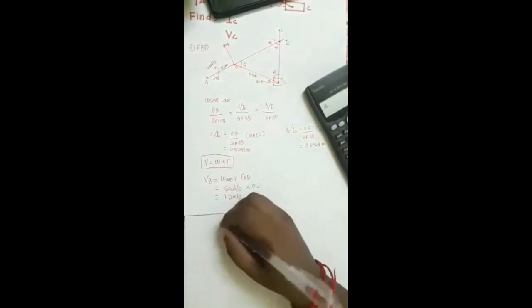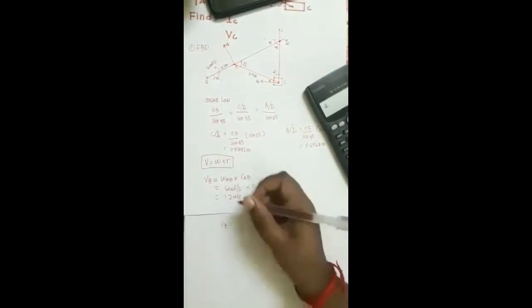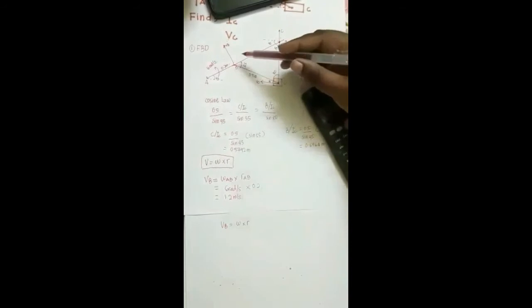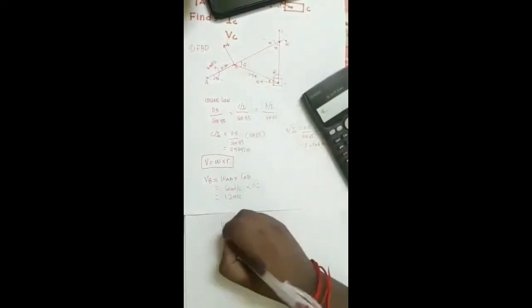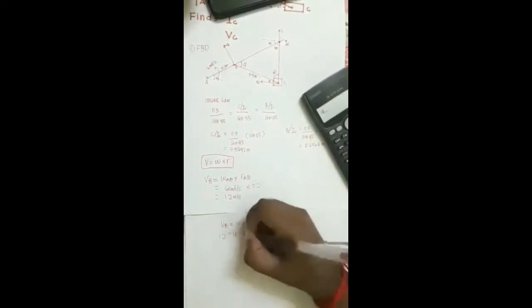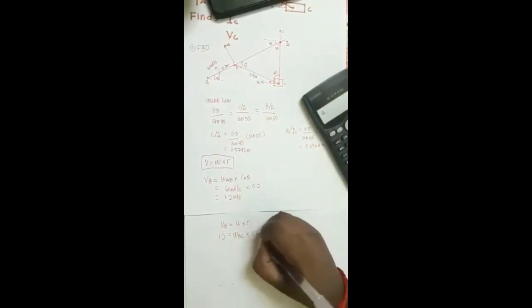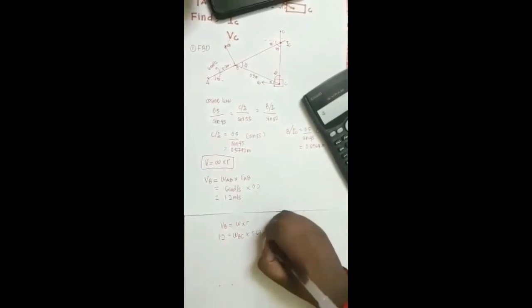We know that VB equals to omega times R. So, from the formula, VB is 1.2 and we don't know the angular velocity, which is WBC, and the RBIC 0.6964.